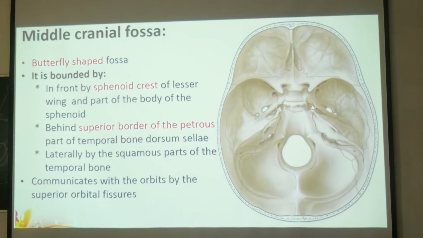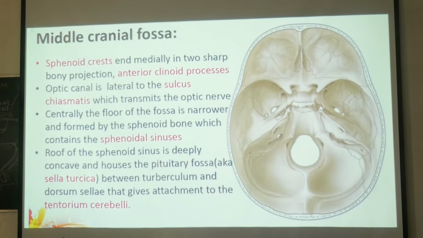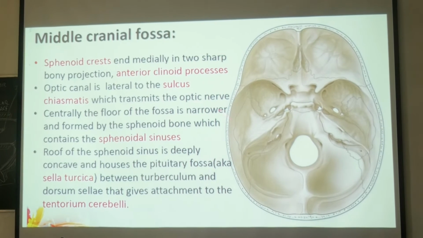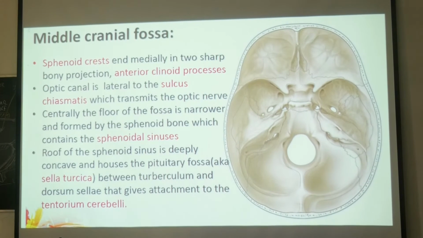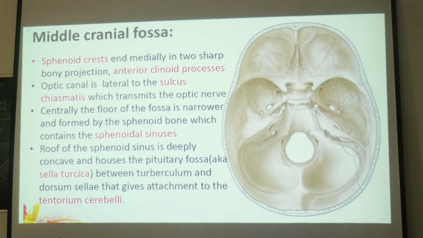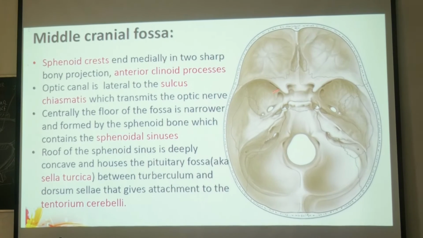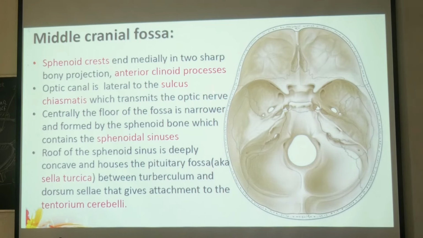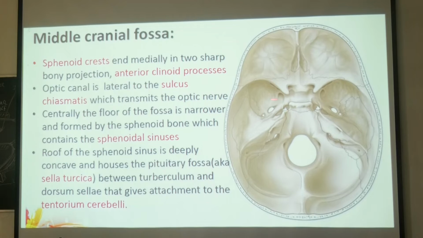Next, these are the important features. The sphenoidal crests end medially in two sharp bony projections. Here, these two bony projections are known as the anterior clinoid processes. The optic canal is lateral to the sulcus chiasmaticus.